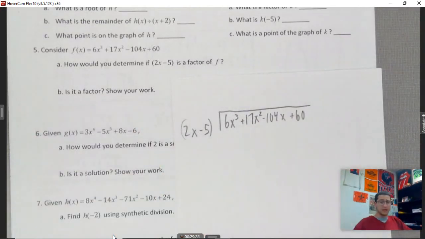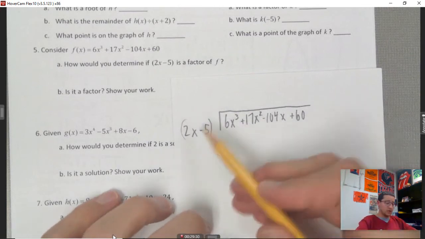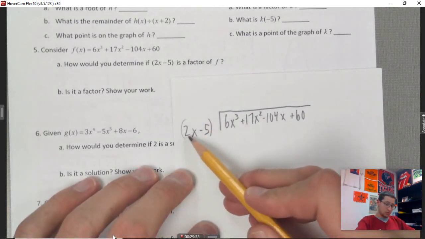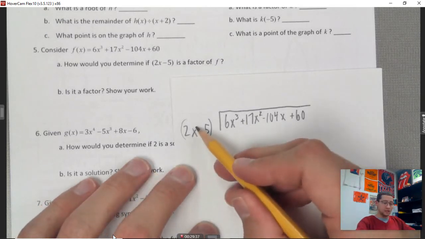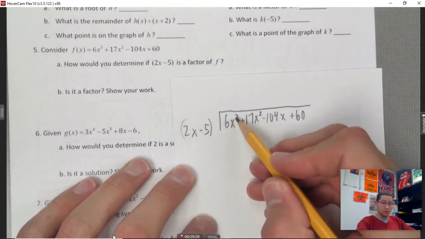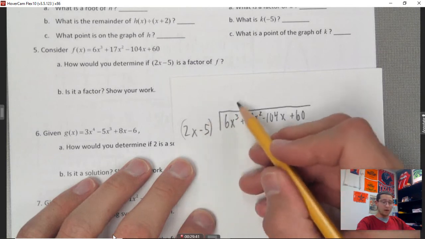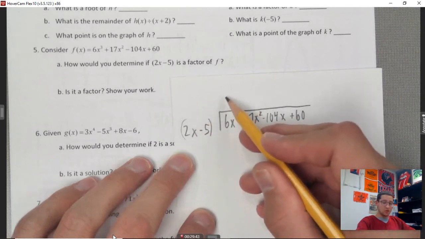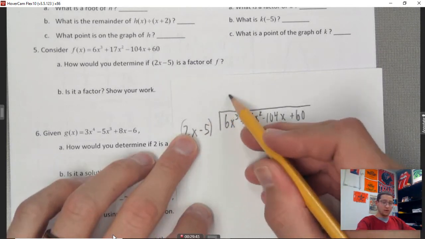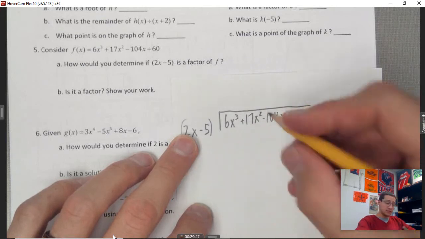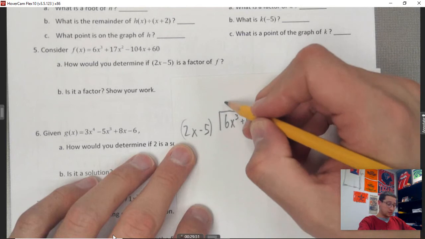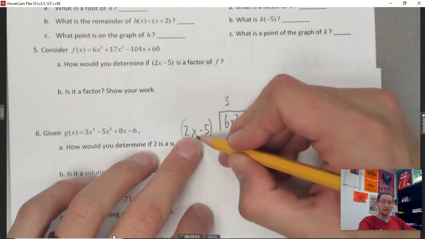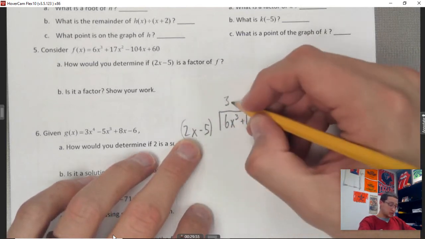What I'm doing in long division first is I look at my largest term, which is 2x, the largest powered term. This is x to the first, x to the x cubed. So 2x times what will give me 6x cubed? Well, 2 times what gets me 6? 3. And then x times what will give me x cubed?